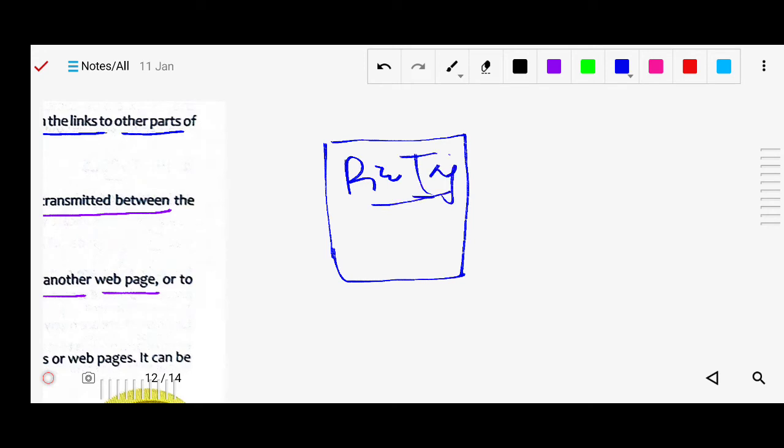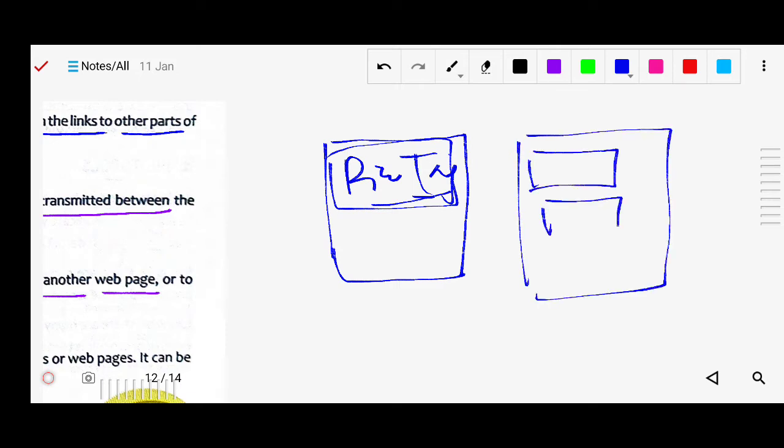In the result box you will get many different links, and these links will be shown in purple color. Once you click on these links, it will direct you to another page.